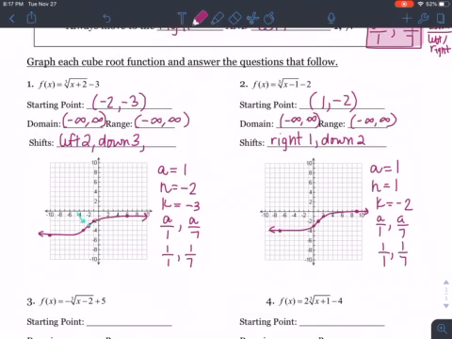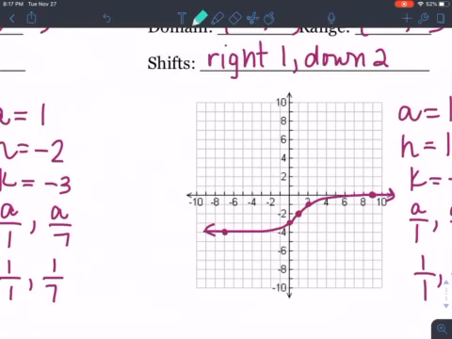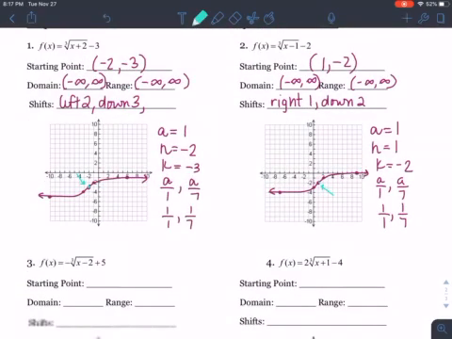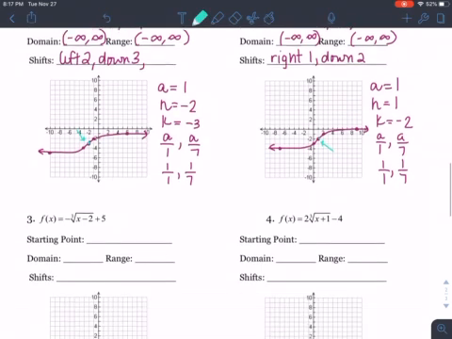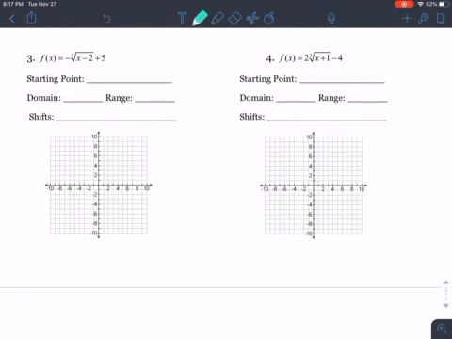Give yourselves a high five if you got that right. Again, it is that starting point that we are looking at. Where has that moved from the origin? Sorry, it's late at night.